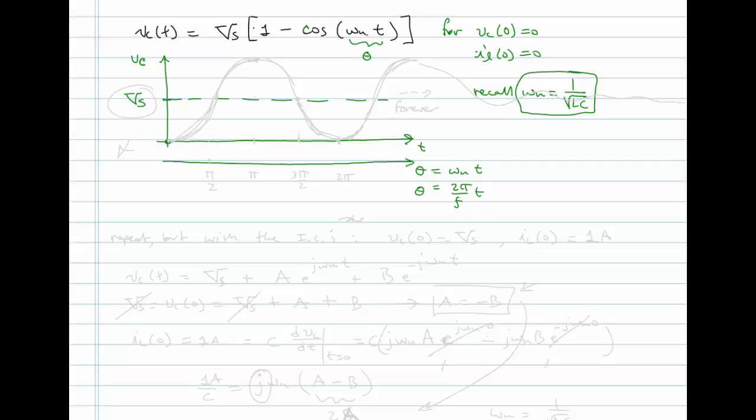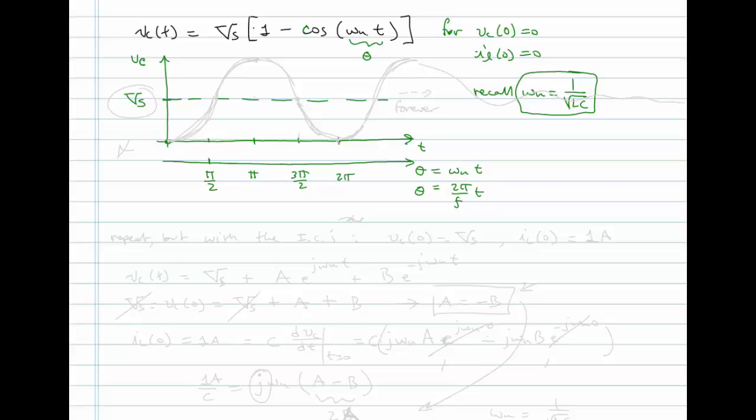So we find that at pi, let's do this. Let's do pi over 2, pi, 3 pi over 2, and 2 pi.